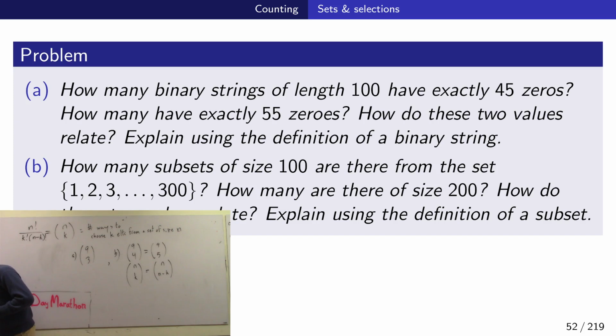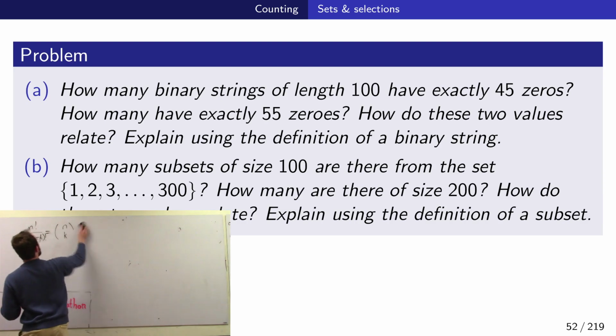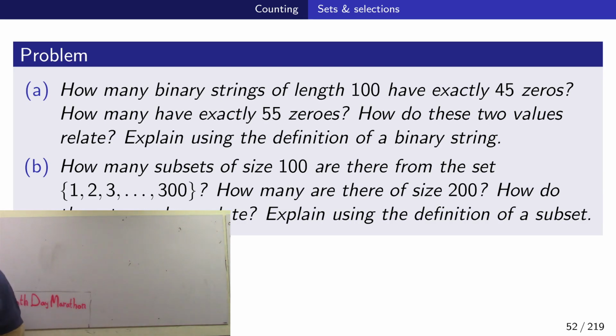Right, so back to binary strings. Let's see. I'm just gonna erase all of this. I think you believe me with this part. Okay, so now let's compute binary strings of length 100 that have exactly 45 zeros.